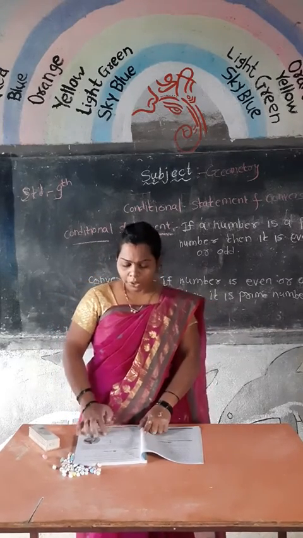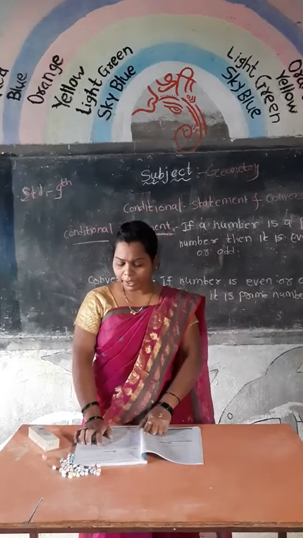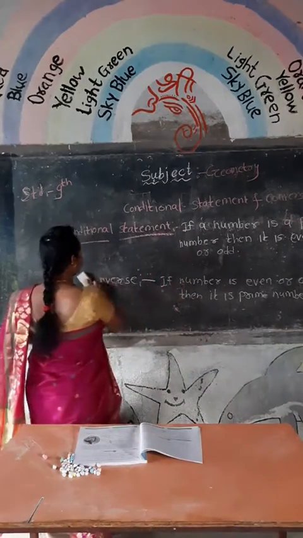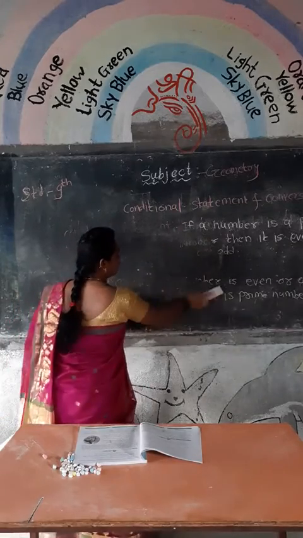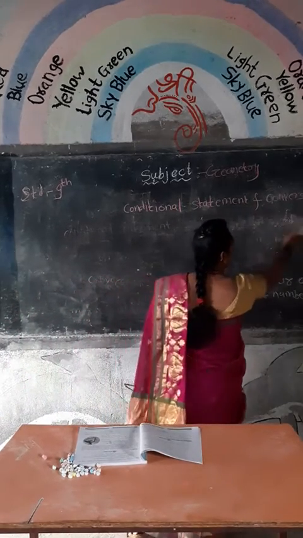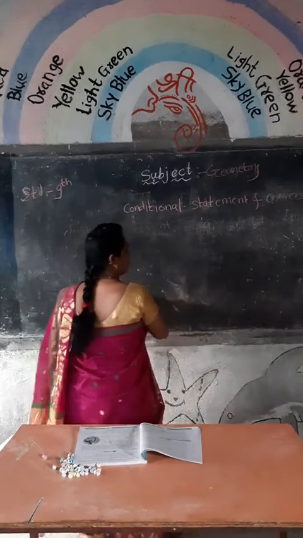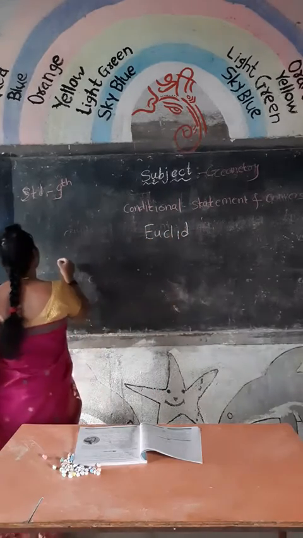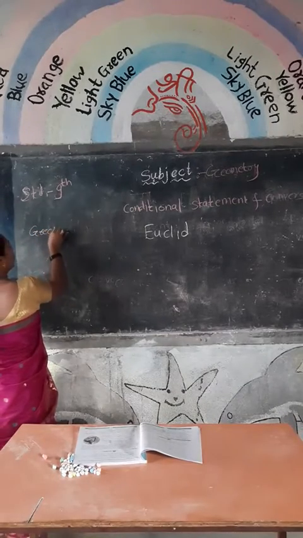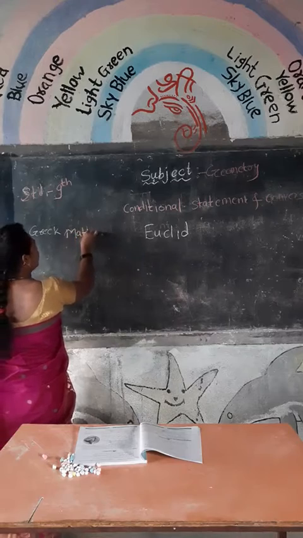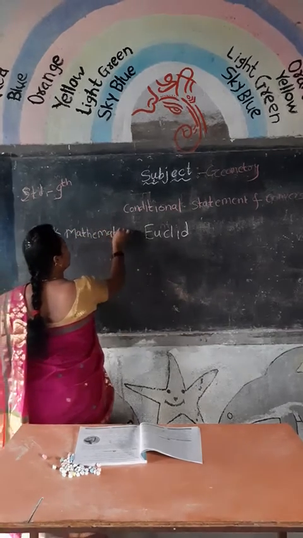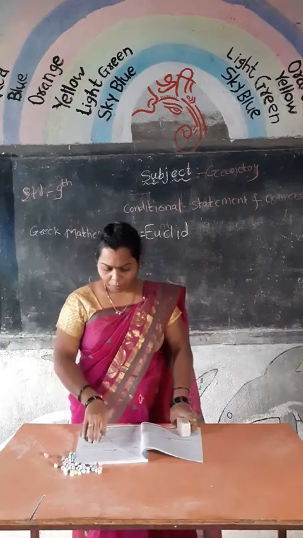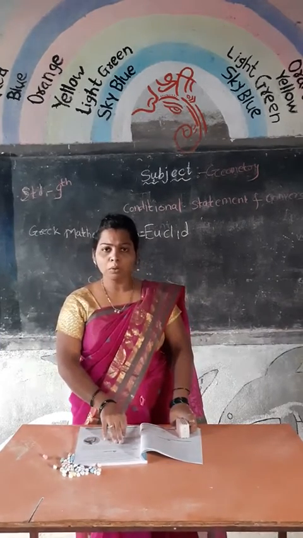In this standard, we are going to look at geometry from a different point of view, which was organized by the Greek mathematician Euclid, who lived in the 3rd century before the Christian era.